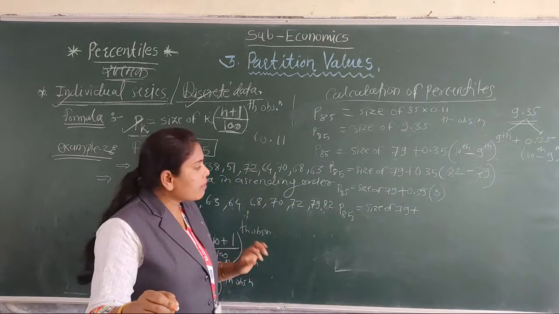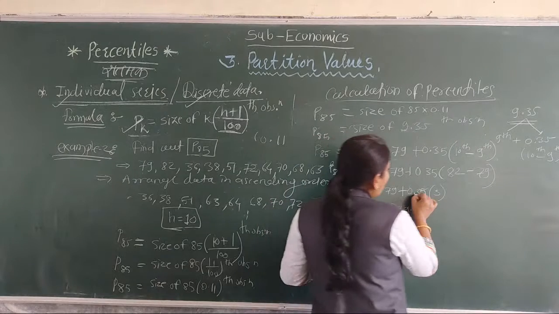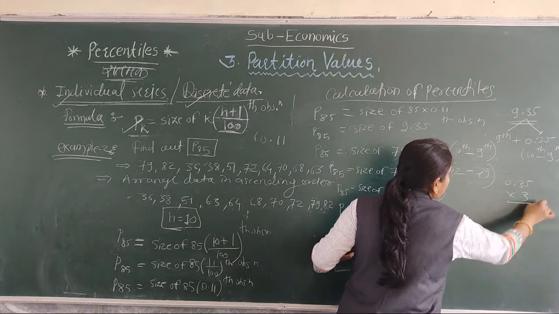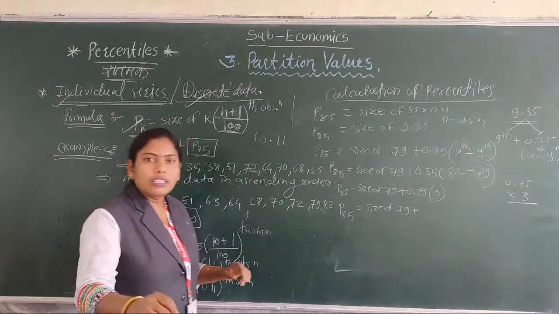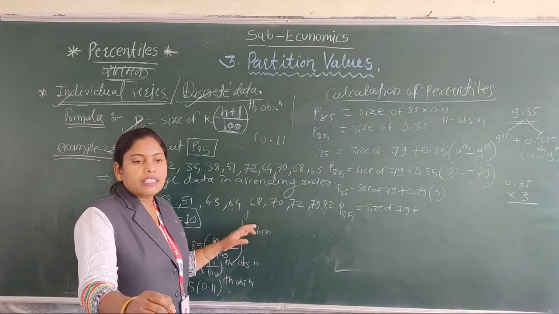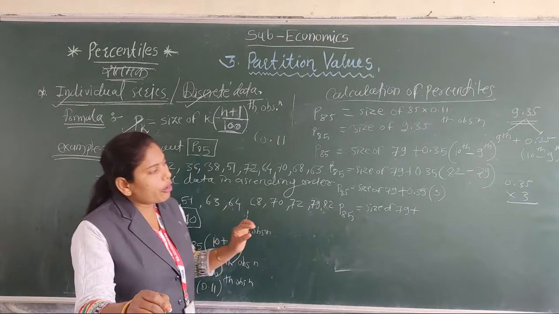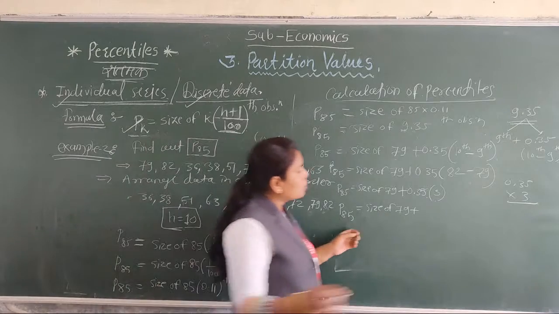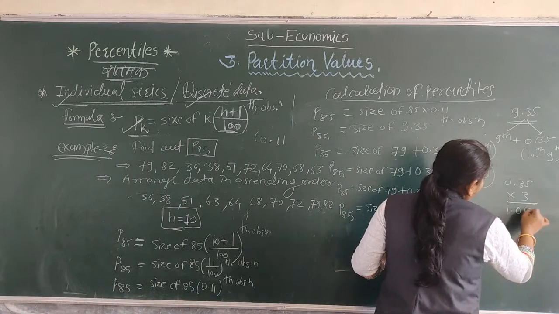And so that here next step, P85 is equal to size of 79 plus 0.35 multiplied by 3. The answer of 0.35 multiplied by 3 is equal to 1.05.